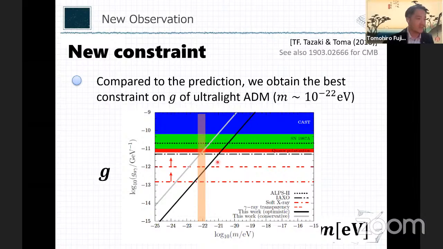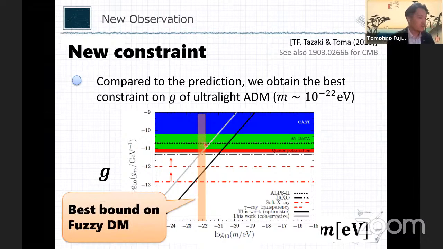This black line is our new constraint. This is our first result coming from polarization plane observation. In one word, we improved the bound on fuzzy dark matter, whose mass is 10 to the minus 22 electron volt.